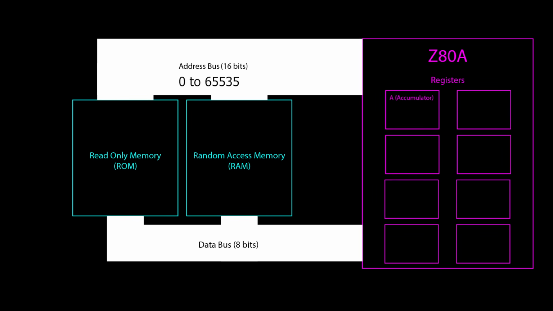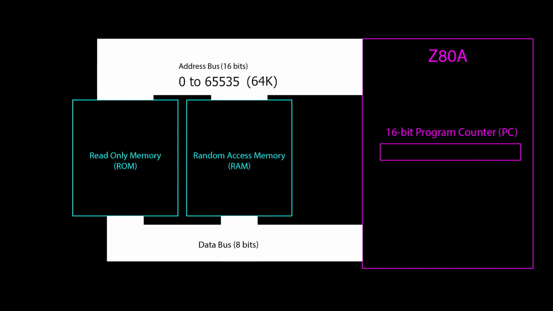Now, throwing such large numbers around is a bit unwieldy, so it's usual to follow the convention that 1024 bytes is referred to as a kilobyte, or 1K, and 64 of these amount to 65,536 bytes. So our maximum addressable memory is 64K. Now the Z80 maintains a 16-bit number called a program counter, usually abbreviated to PC.